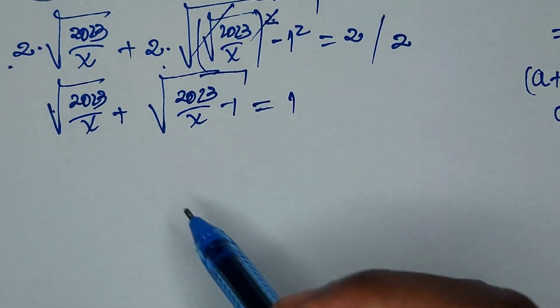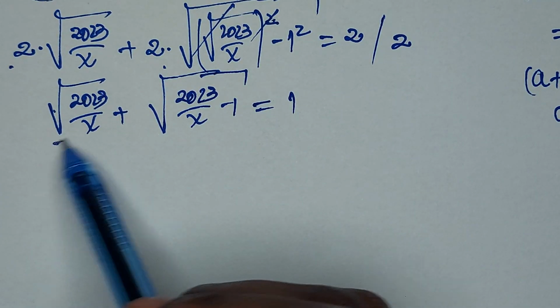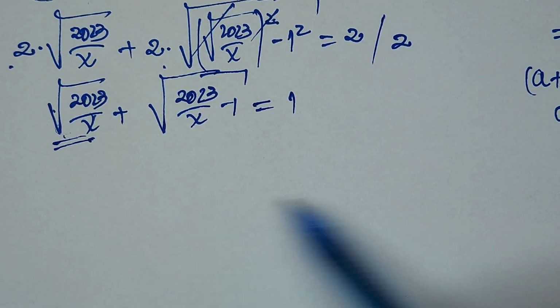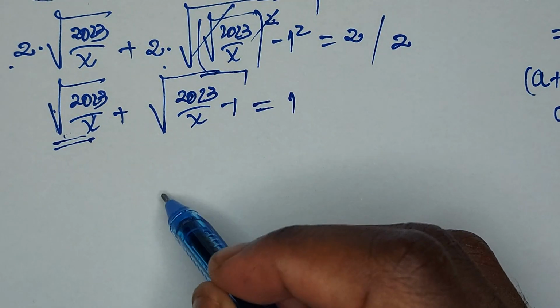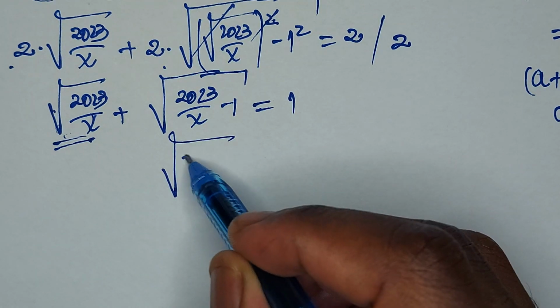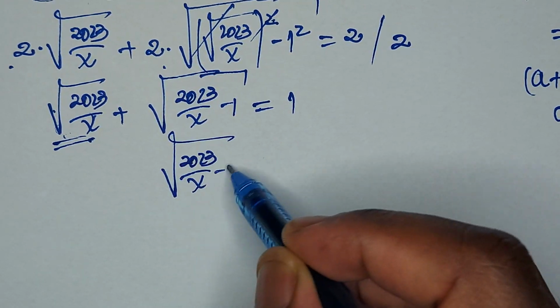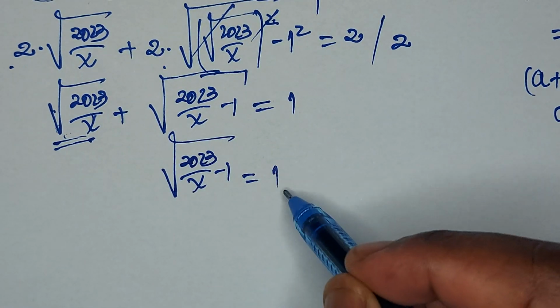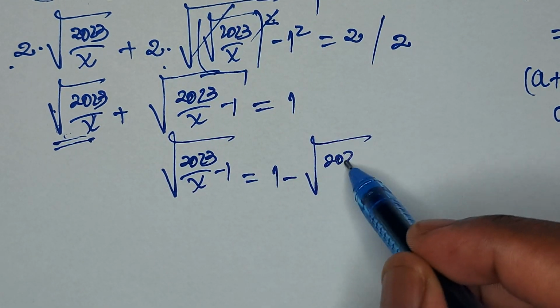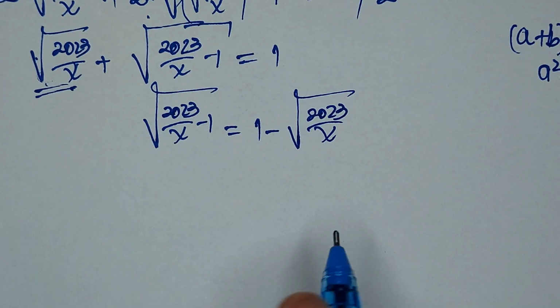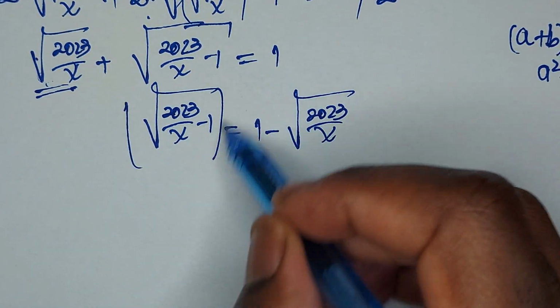Okay, so let's take this element and send it to the right side of the equation. I would have here the square root of 23 over x minus 1, which is going to be 1 minus the square root of 23 over x. I'm going to square both sides again.